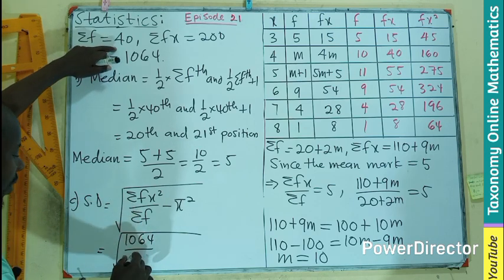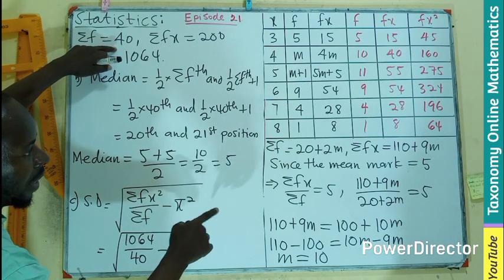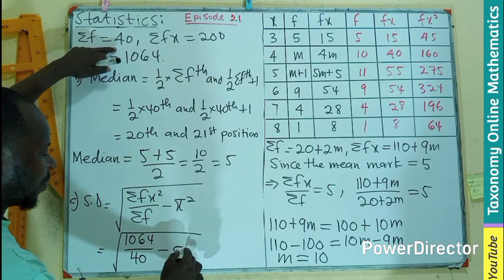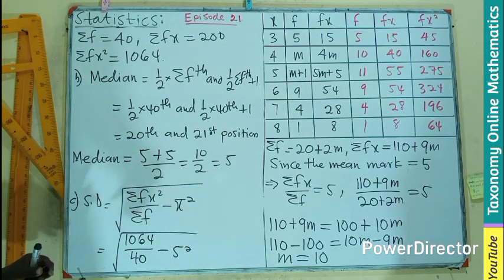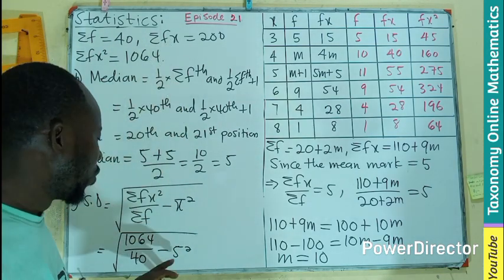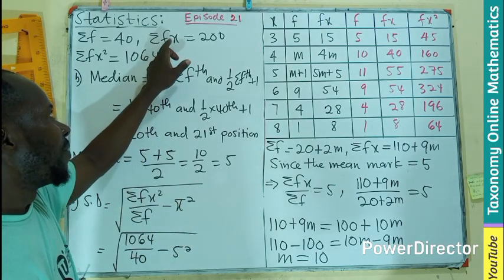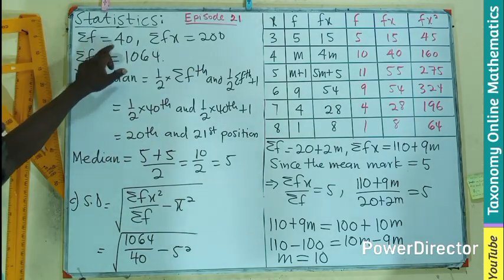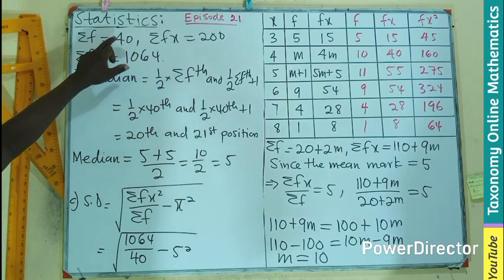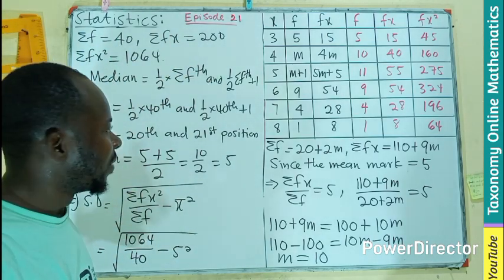Sigma f is 40, minus the mean, which we found already. It is given in the question as well, 5. So we square that. You can see that we don't even need this, but you can use it if you want to. Here it will be sigma fx divided by sigma f, so 200 divided by 40 will still give you 5, and you square it. I guess that is good.